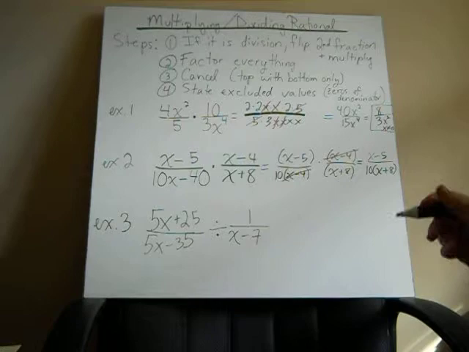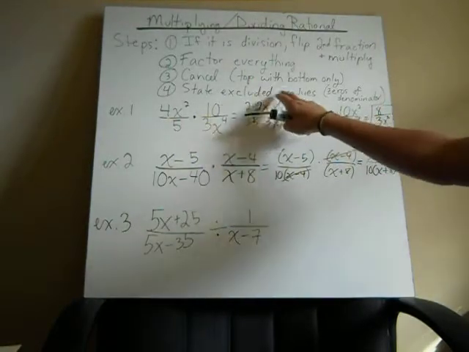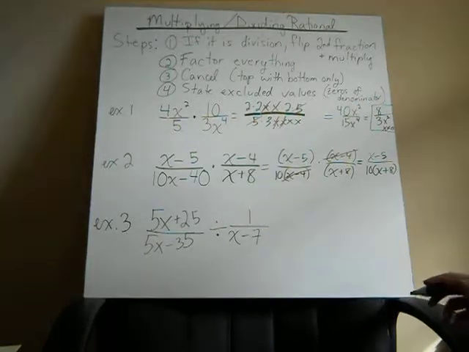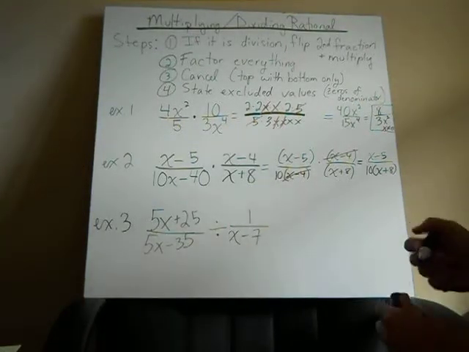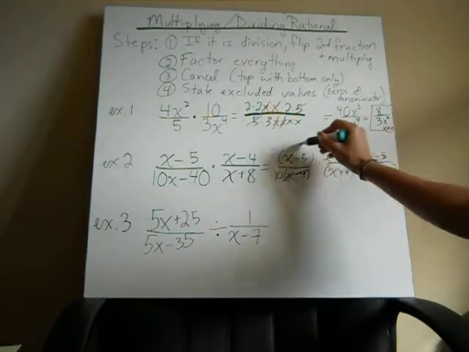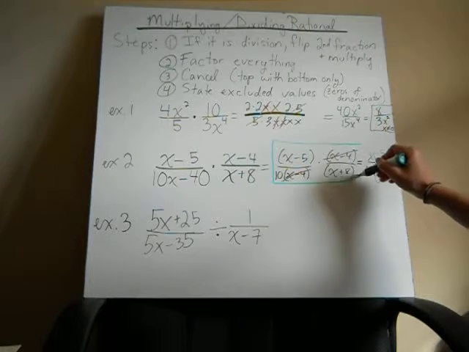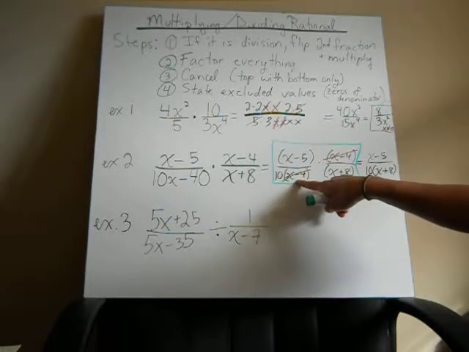Our excluded values are a little more complicated. So your excluded value is any value that can make the denominator equal to 0. So where I look for my excluded values is after I've factored, but before I've canceled. So when I look here, I'm looking in my denominator to see what would have made it equal to 0.